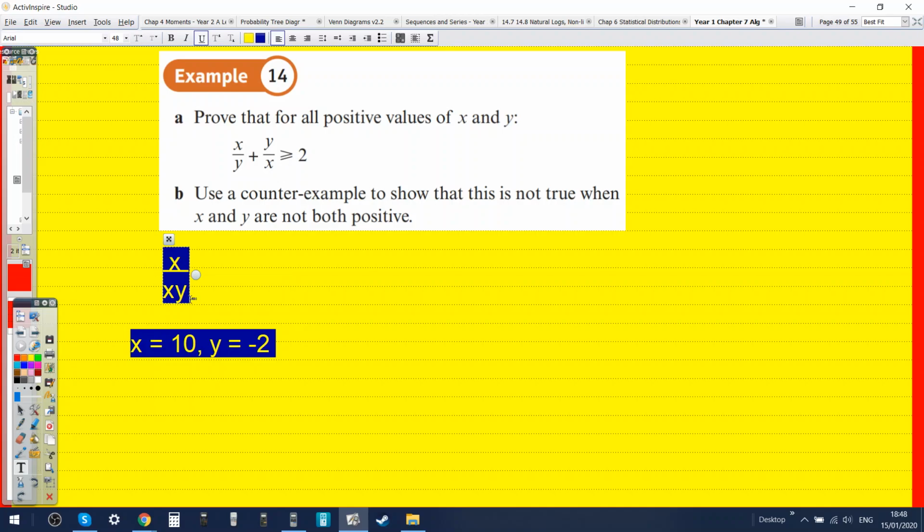What did you multiply the bottom part by? X. And so what must you multiply the top part by? X. Yes. So x squared minus y squared. Plus, I believe. Oh yeah, sorry. And is that all over xy? Yeah.